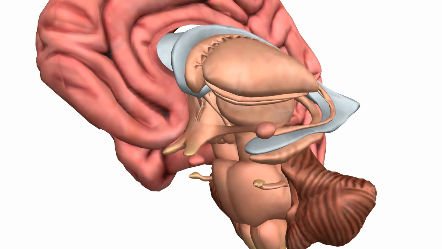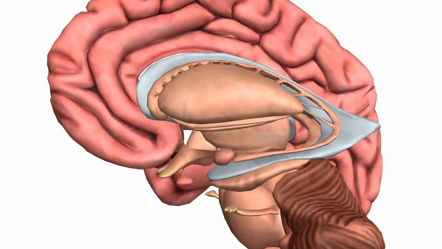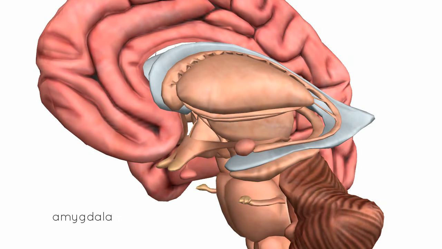And if we follow the caudate nucleus around, so follow the head, the body and the tail, at the end we've got this walnut shaped structure which is called the amygdala or amygdaloid body. This is often included by definition with the basal ganglia, but it's part of the limbic system. So those are just a few parts of the limbic system which are worth pointing out, but it's a lot more complicated than that.